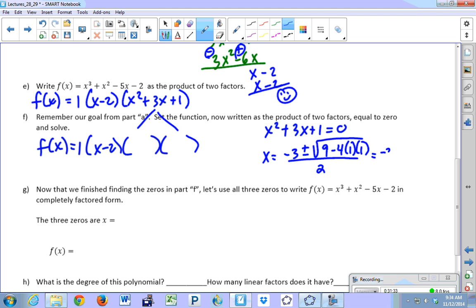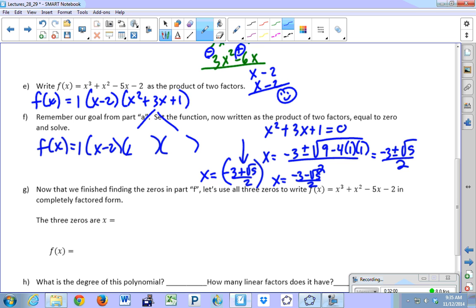So that's -3 plus or minus the square root of 5, all over 2. So there are my other zeros. One zero looks like this, -3 plus the square root of 5 over 2, and its partner, its conjugate, comes along where I just change that addition to minus.